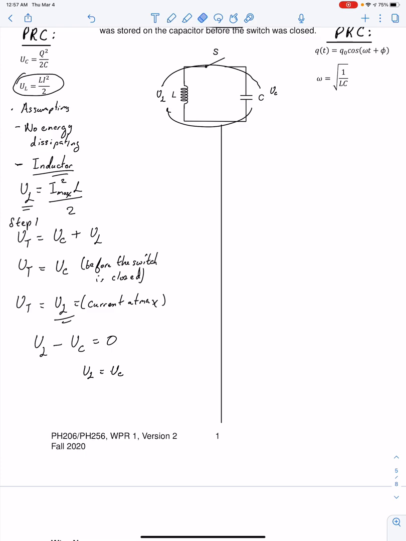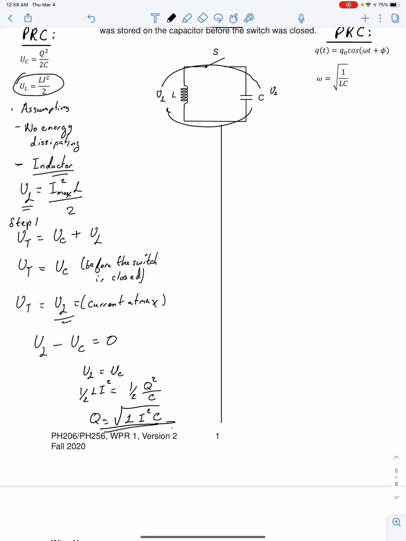And we can solve for it by just plugging in the equations: 1 over 2 times L times current max squared equals 1 over 2 times charge squared over the capacitance, and that all will equal charge, the square root of inductance times the current max squared times the capacitance.